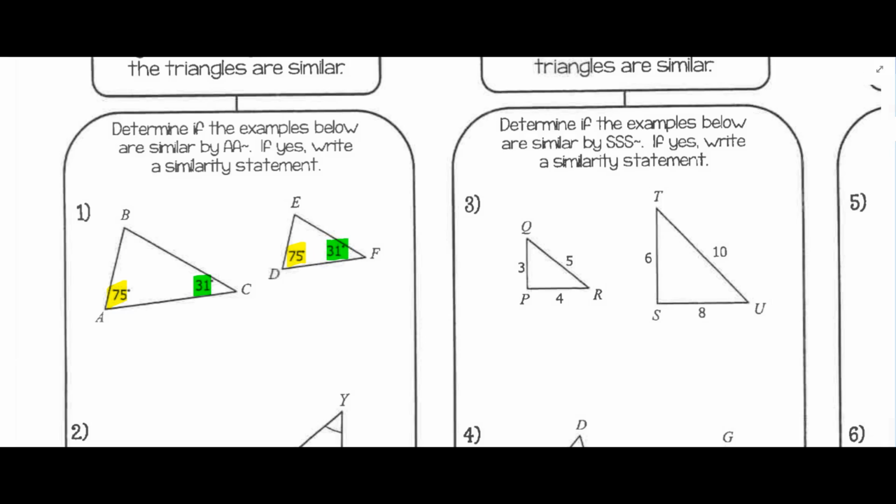That's a second pair of angles, so I have enough information to prove the triangles similar. So yes, triangle ABC is similar to triangle DEF. And as always, we want to make sure we write that in a corresponding order.